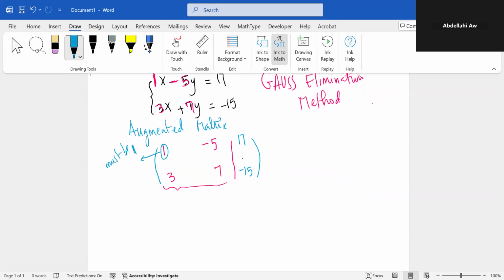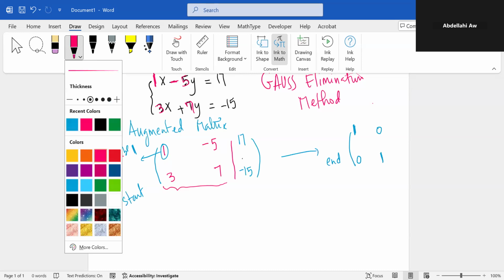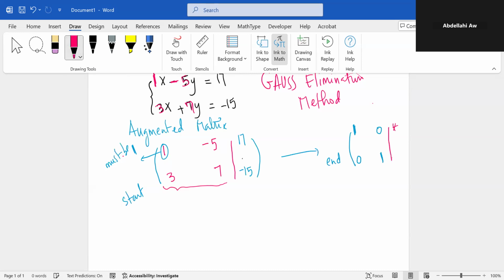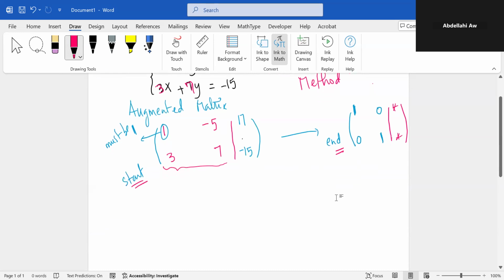This is the start, and we want to end like this: 1 here, 0 here, 0 here, 1 here on the left side, and then the right side will become two numbers that we don't know yet. So we're going to show how to get from the start to the end through simple Gauss steps.